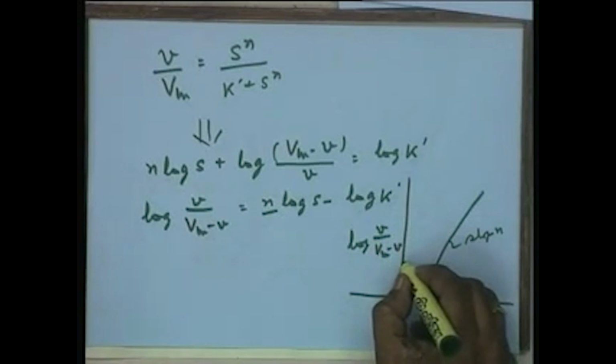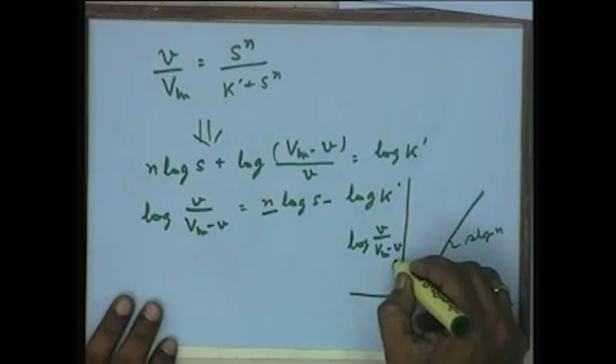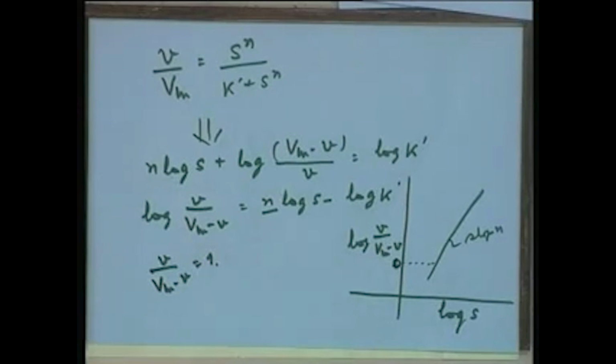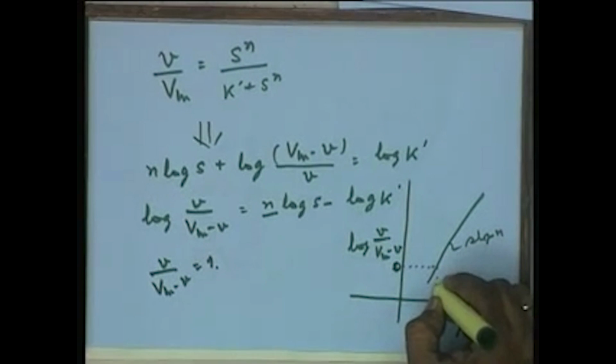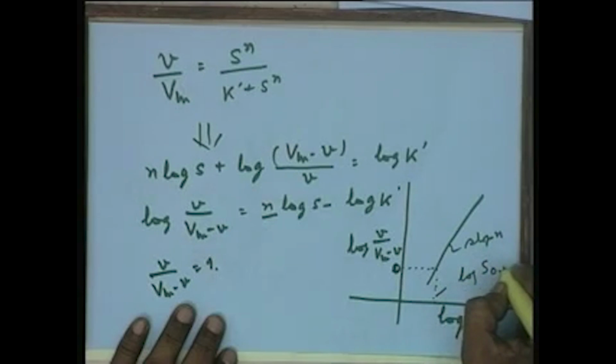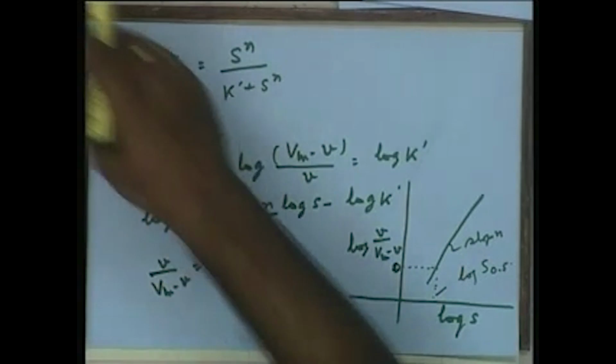Now, if you put V upon (Vm minus V) as 1, the log will be 0, and the corresponding value of log S will be log S0.5.